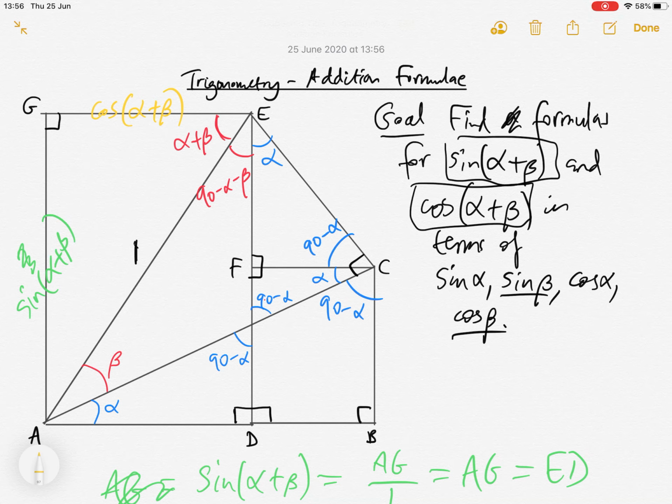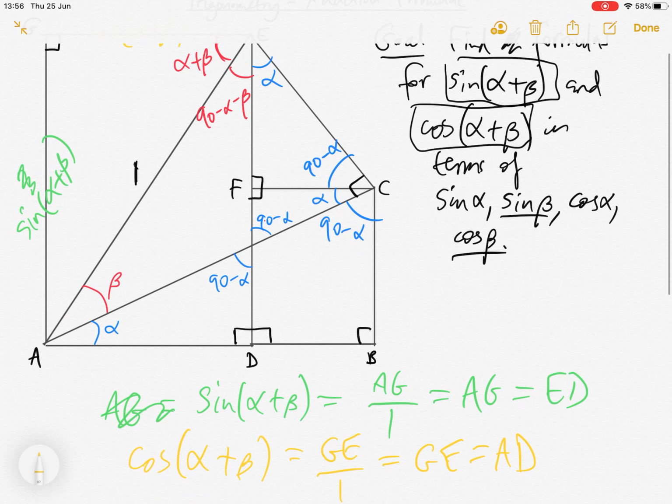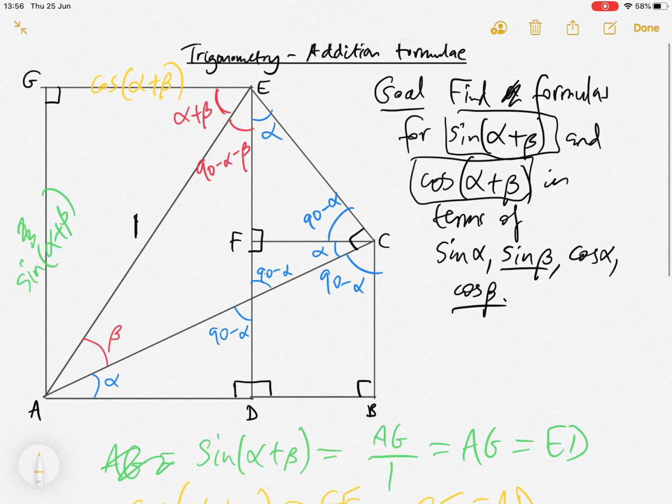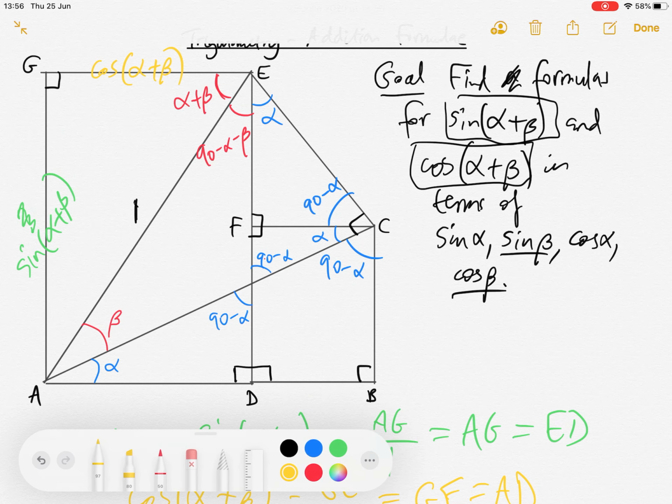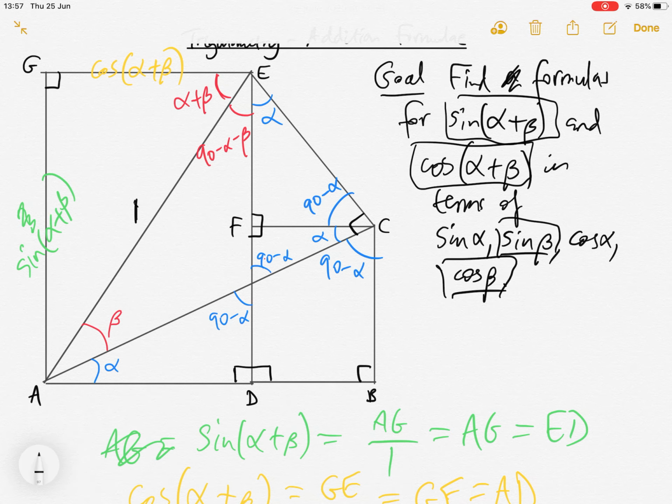Okay, now, can we find a different way of expressing these sine alpha plus beta and cos alpha plus beta? So let's come back to this question of where can we find cos beta and sine beta on the diagram. If we look at the triangle AEC, there's an angle beta at A, and there's this hypotenuse of length 1.